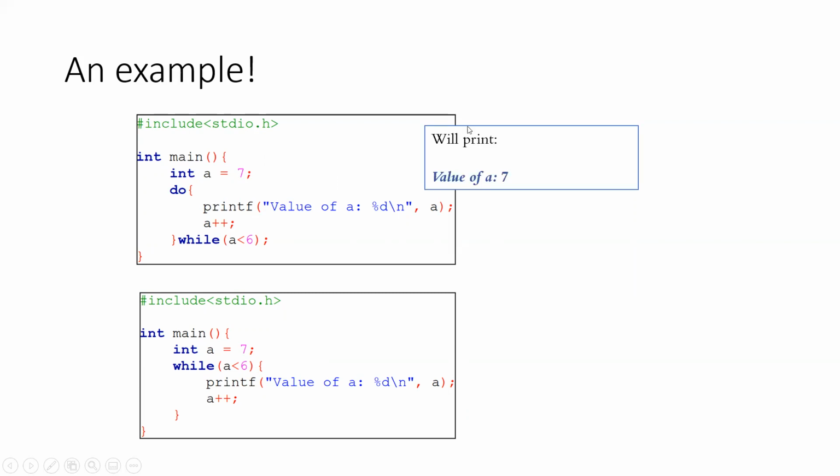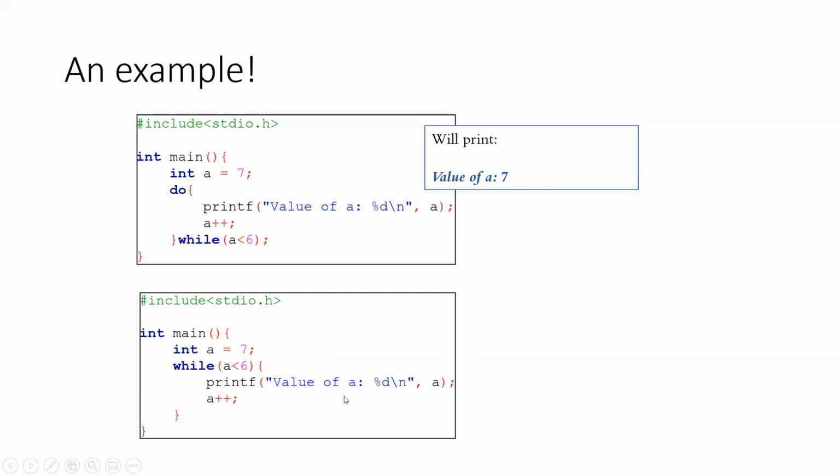For the do while, the value of a will be 7. Because a is equal to 7, it will enter the loop. It will print the value of a, and then it will increment a. So a will now be equal to 8, and is 8 less than 6? Since it is false, the program will end.